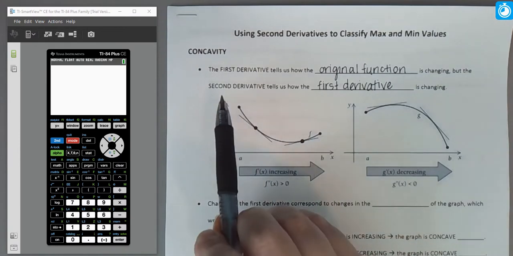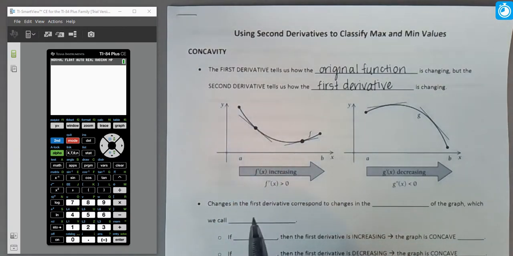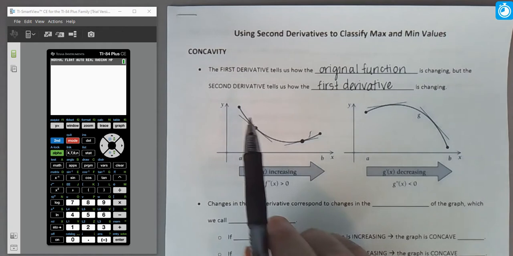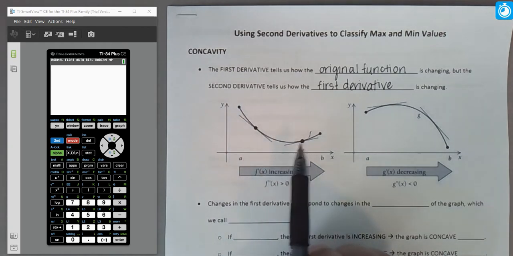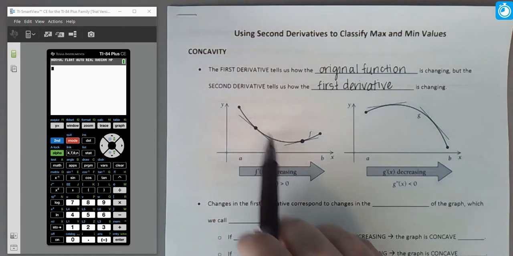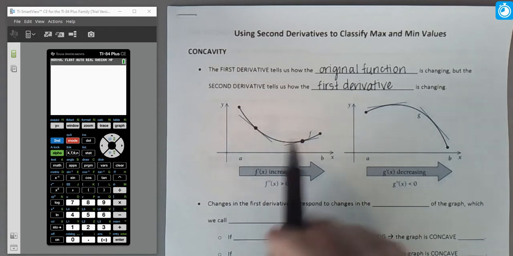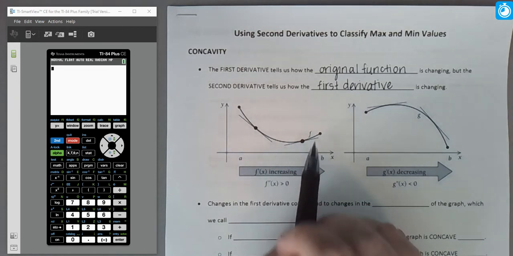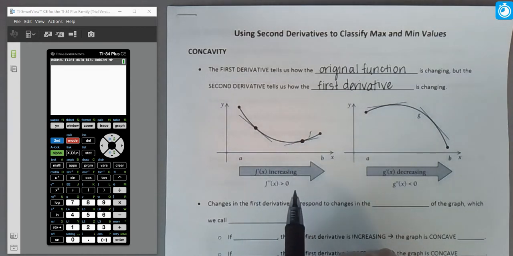If the second derivative tells us how the first derivative is changing, then the first derivative getting bigger means that the second derivative is positive. The second derivative being positive tells us that the first derivative is increasing. It's going from smaller values, in this case a negative value, to larger values, in this case a positive value.